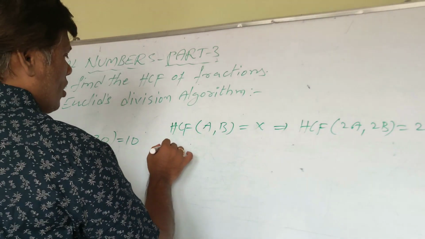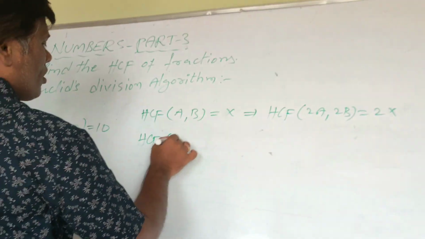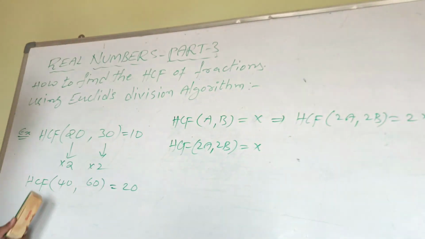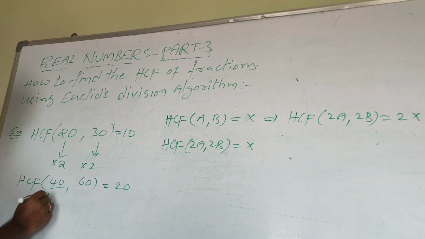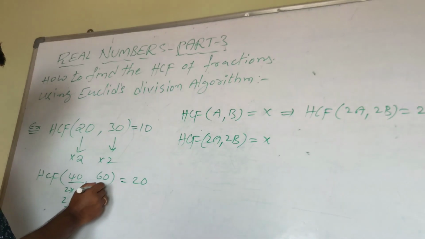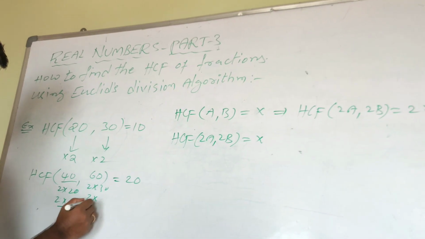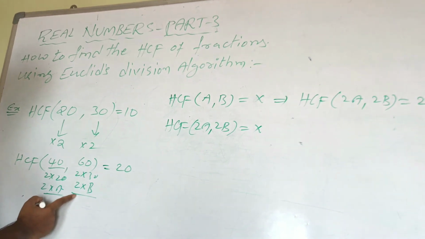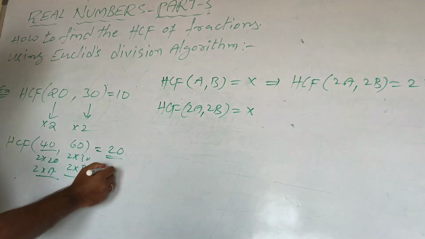Here, if you assume 20 as a, this will be 2a, and 2 into 30, if you assume 30 as b, is 2b. So this is 2a and 2b.